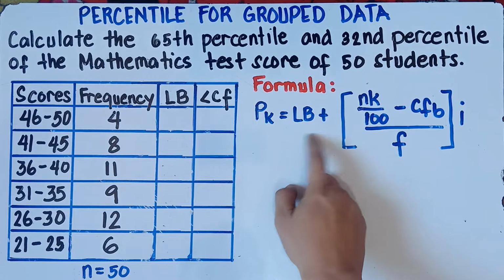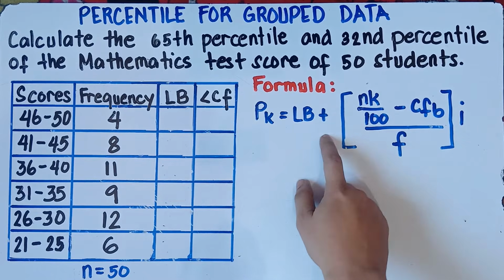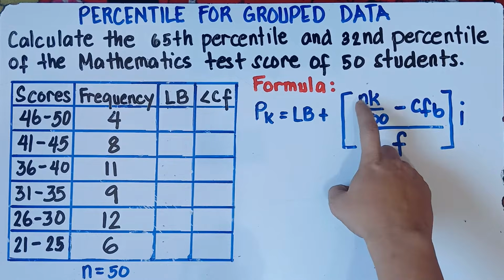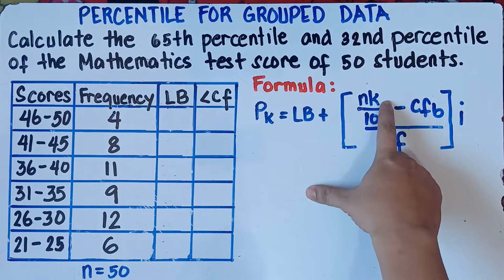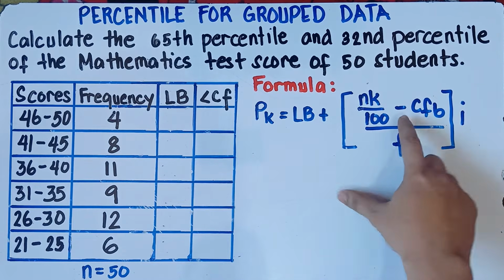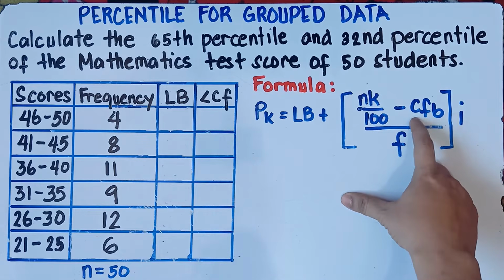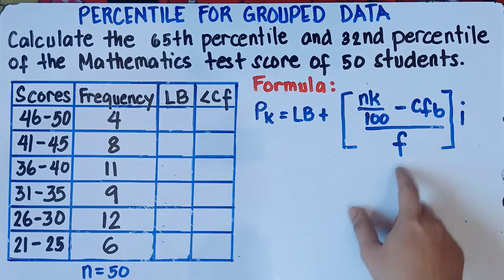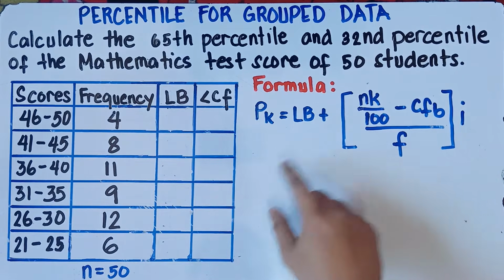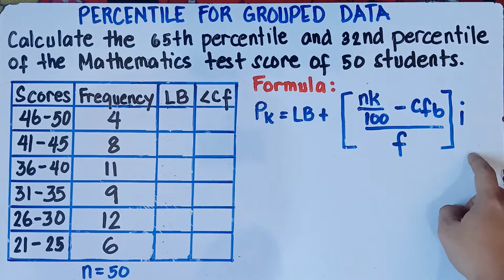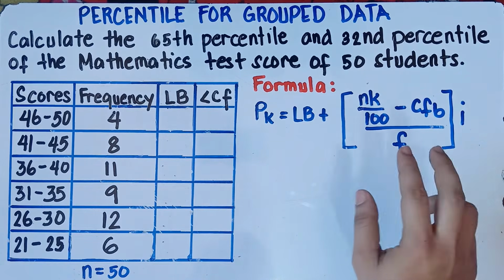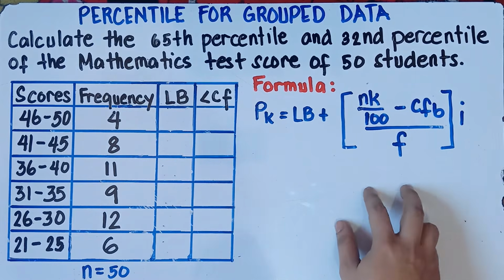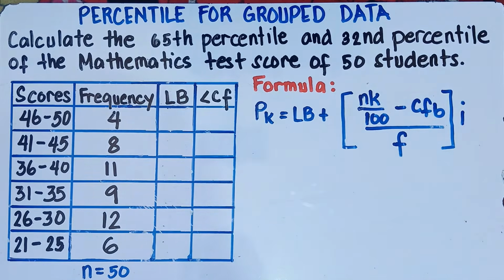P sub k equals LB, that would be lower boundary, plus bracket n, once again the total number of frequency, times k, the percentile that you're looking for, divided by 100, minus CFB, that would be cumulative frequency before, over F, that would be the frequency of the percentile class, then times i, the interval. Do not be worried with this formula because we will be explaining it step by step once we get the value of LB and less than cumulative frequency.